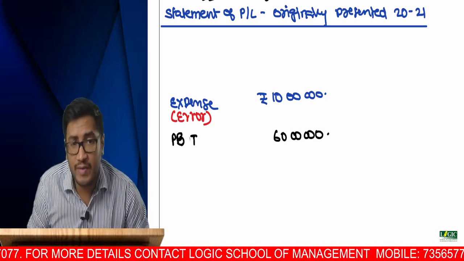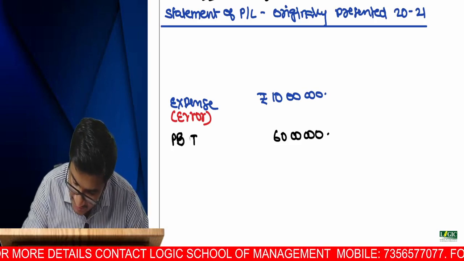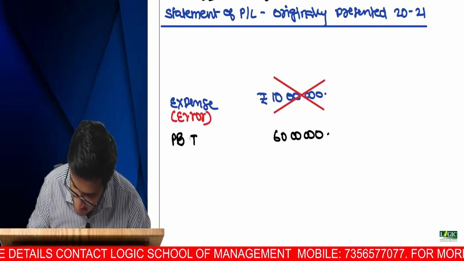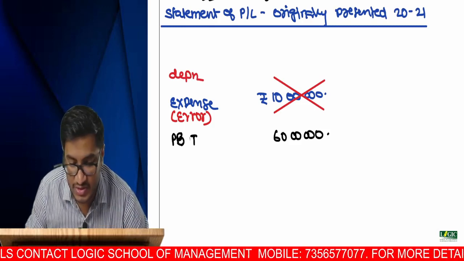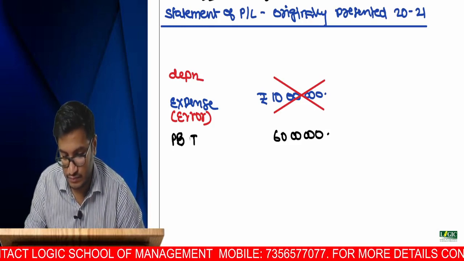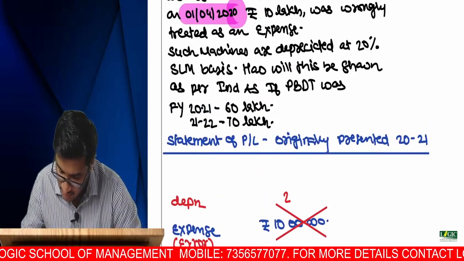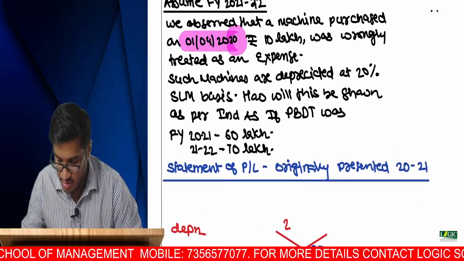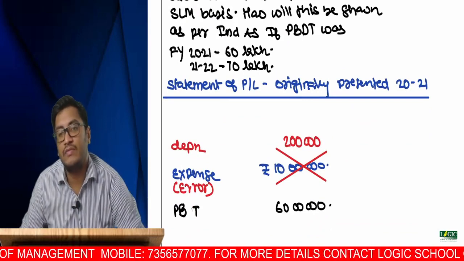Had they shown it properly, the expense of 10 lakh should not be there, but there should have been a depreciation of 2 lakh.